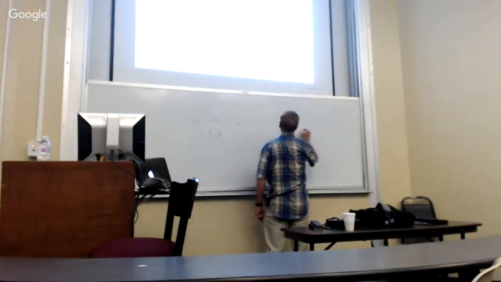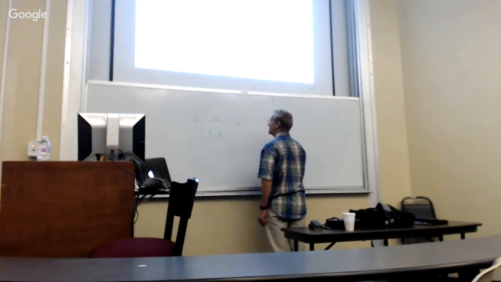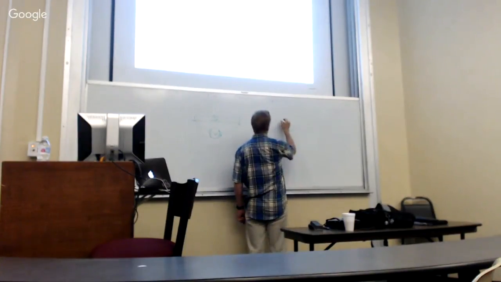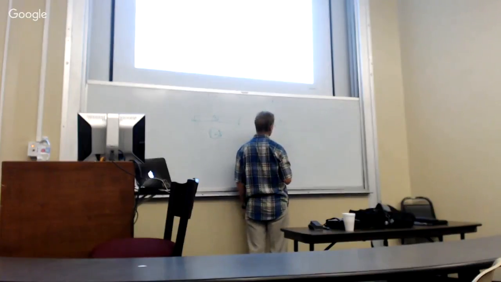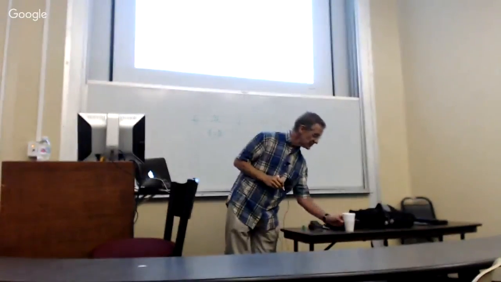Then we did a following experiment. We said, okay, let's suppose we have a different kind of source. We have a transmitter up here, and this is an inductive source.